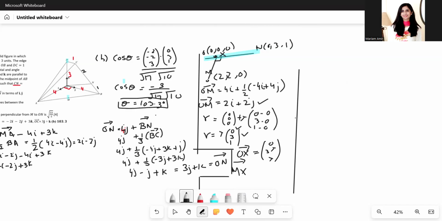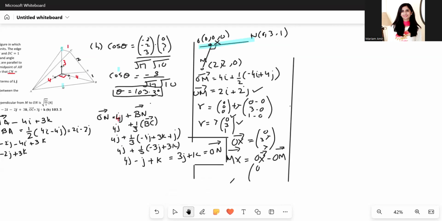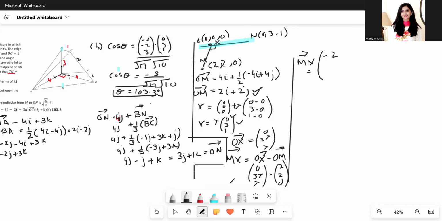So MX would be OX minus OM. OX is 0, 3 lambda and lambda minus OM, which is this 2, 2, and 0. So MX comes out to be minus 2, 3 lambda minus 2, and lambda.